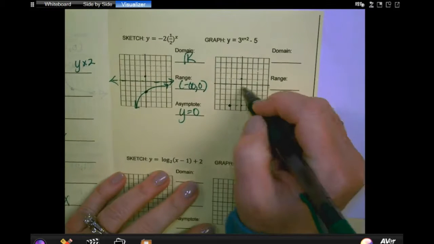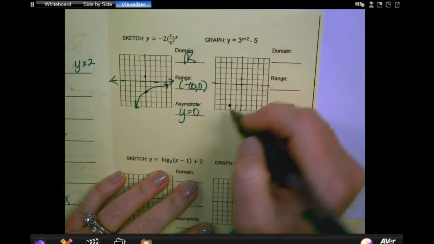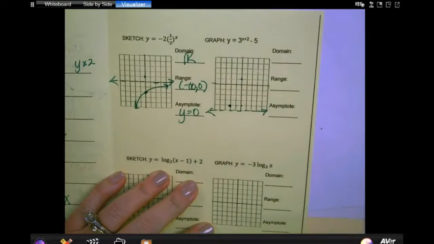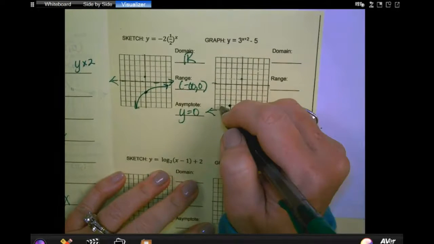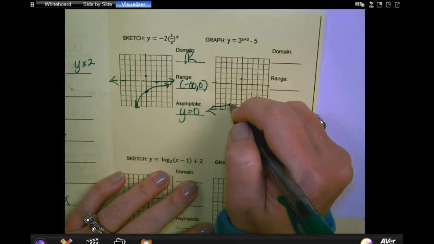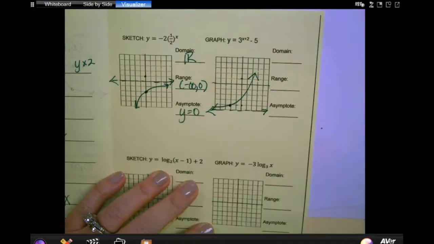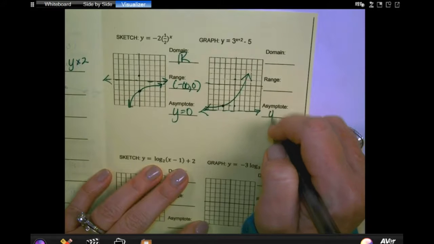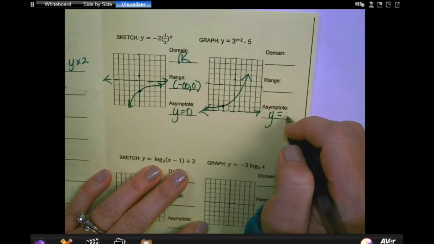And my asymptote, which was here, shifts down here because of the -5. And so it looks something like this.